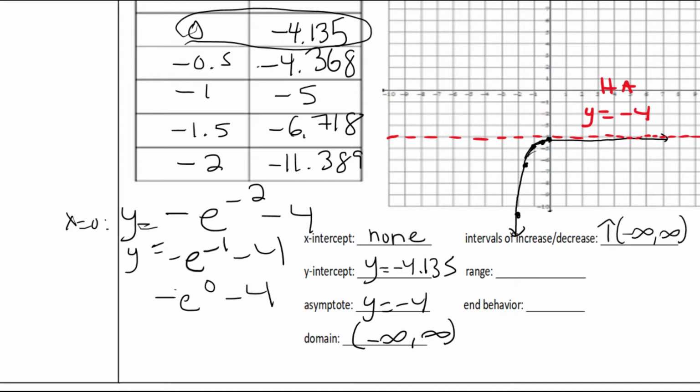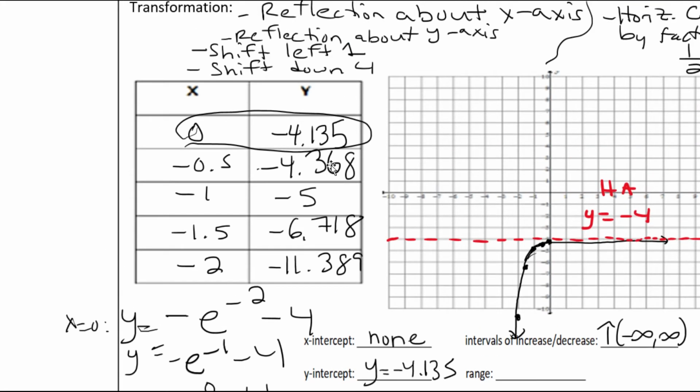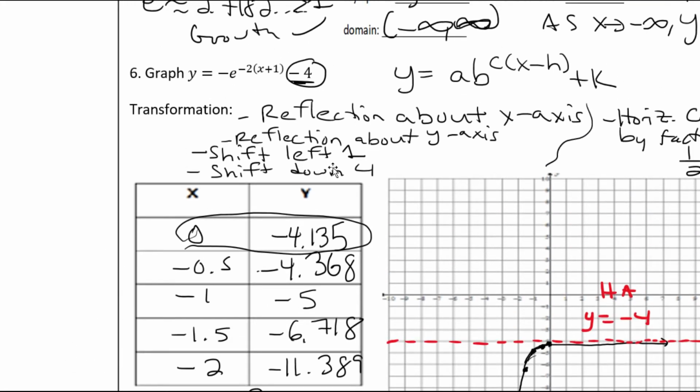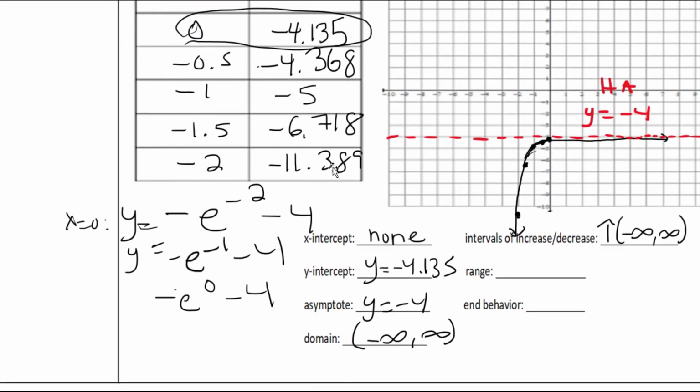And then as far as our range, well, our range is going to be all the way up to negative 4. So if you notice the negative 4 here, that's the red line.